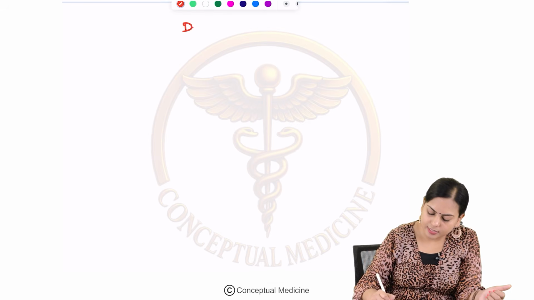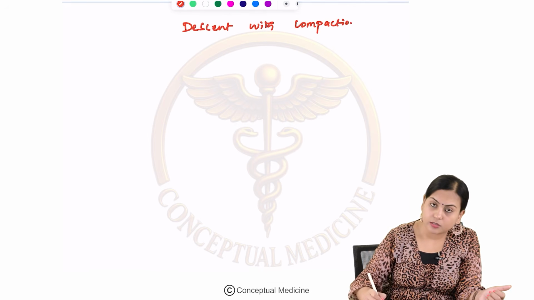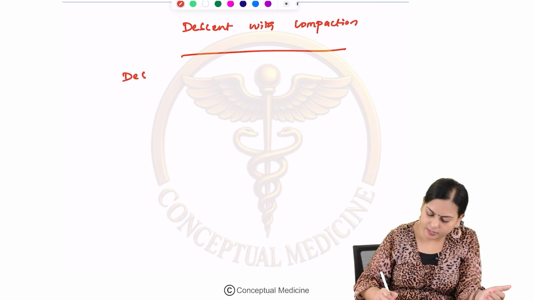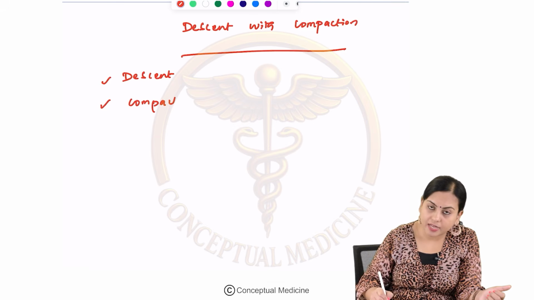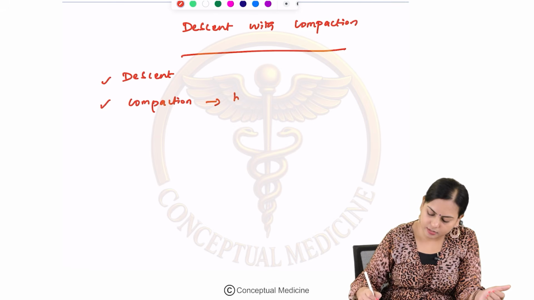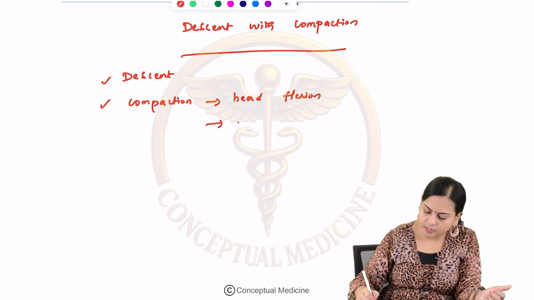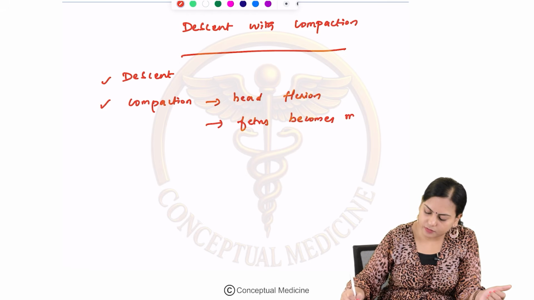Compaction means the baby is going to become more and more compact, more and more flexed. So, there is descent as well as compaction. What is compaction? There is head flexion and the fetus becomes more compact.